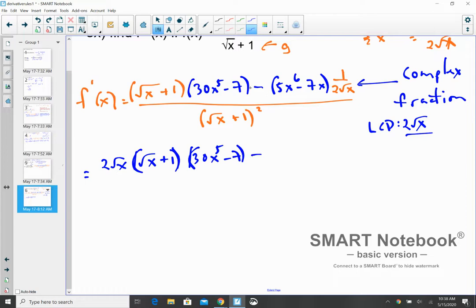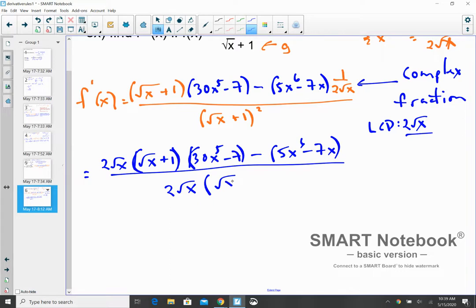Now, when you multiply that first term in the top, you're just going to put it in front. When you multiply it to this term, it cancels with that, so you're just left with the following. And when you multiply it down below, you get that. So that's how you fix that complex fraction.